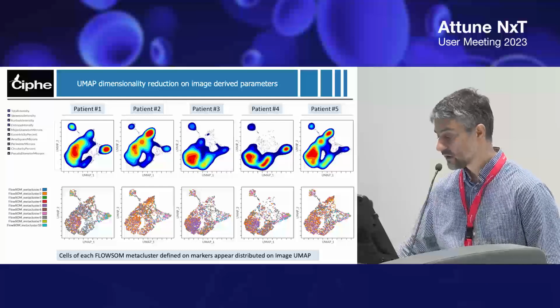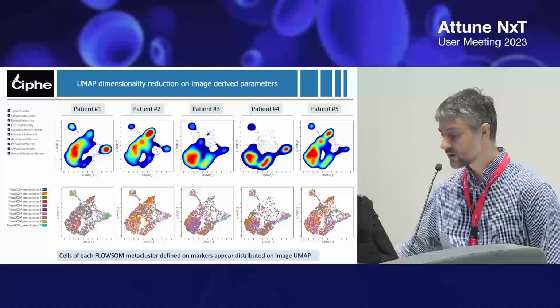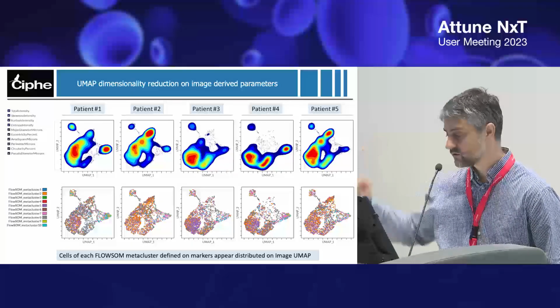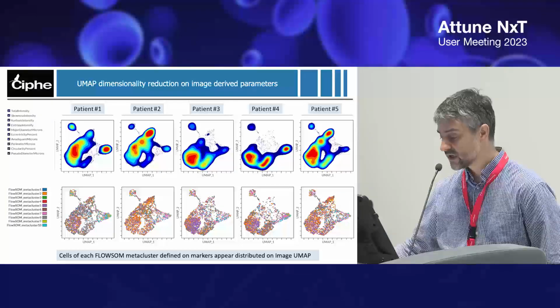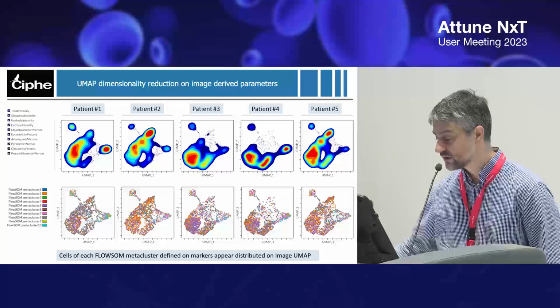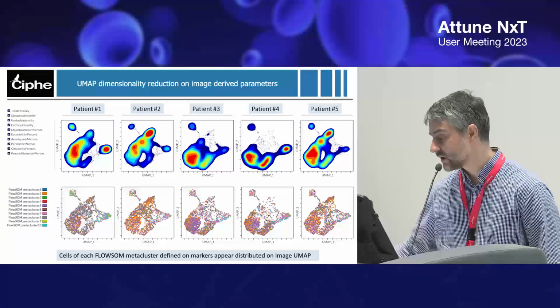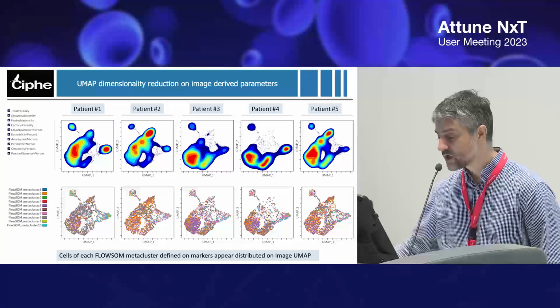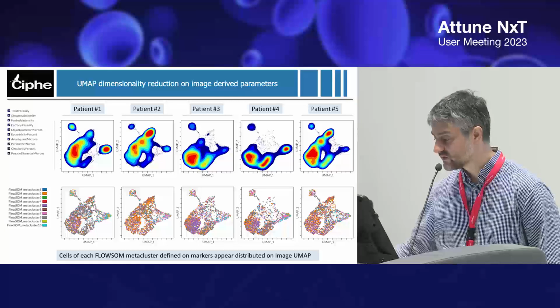When I now project each of my meta-clusters defined on fluorescent intensity markers, I can see that some clusters are distributed in some parts of the plots. For example, there are areas like this one, where I have more orange, which are some T cells.